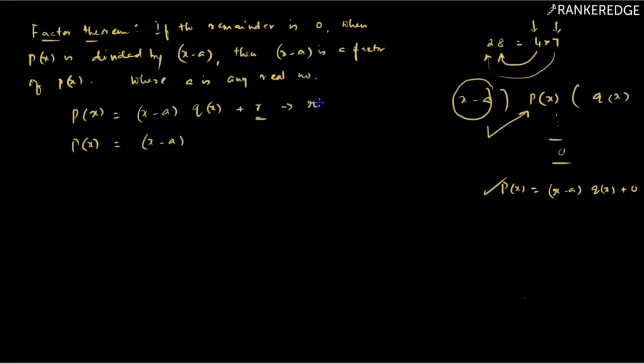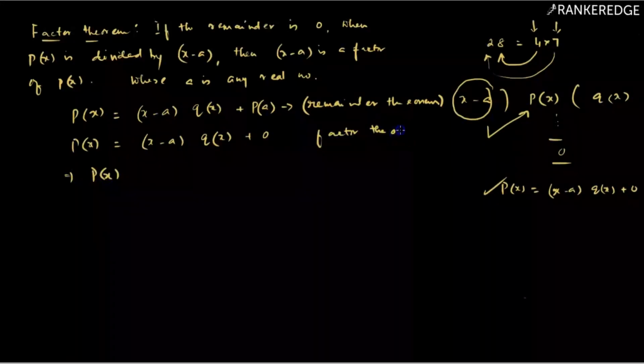This is from remainder theorem. In fact, this is not r, I can write that as p of a. Now that I know the remainder is p of a, so I can write this now as x minus a into q of x plus 0. That implies p of x. This is what the factor theorem is stating, that remainder is 0.